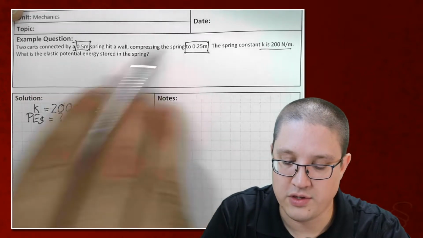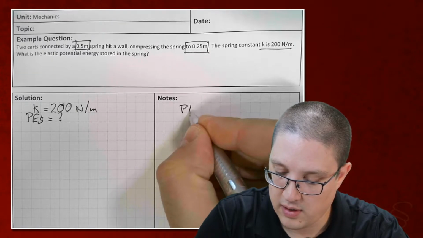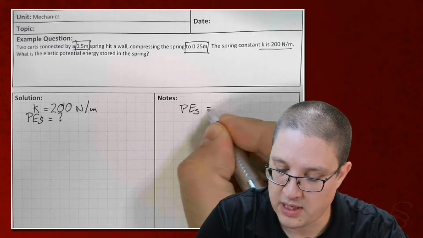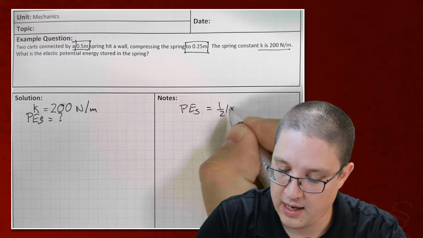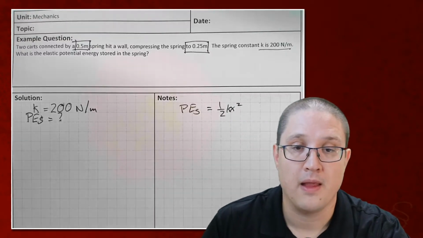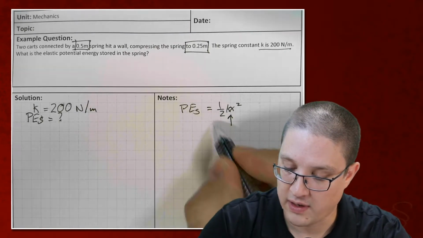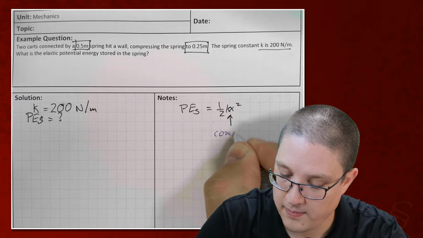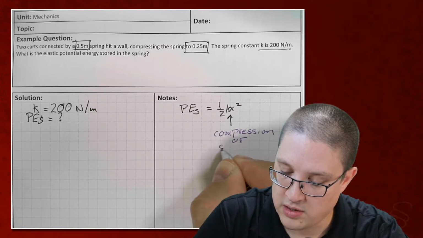And notice that I have two lengths here. When I'm looking at my formula for spring potential energy, this is 1/2 kx squared. And notice that this x value is the compression or stretch.